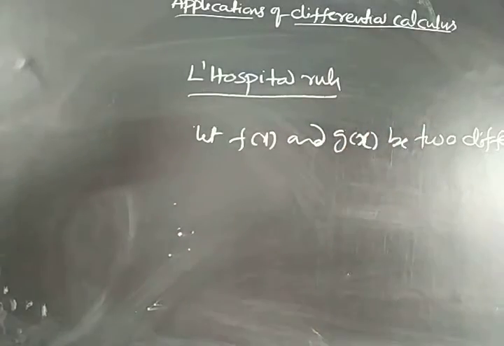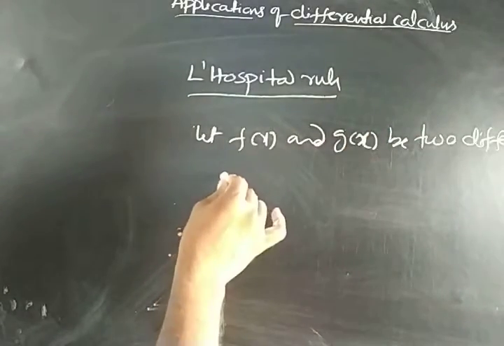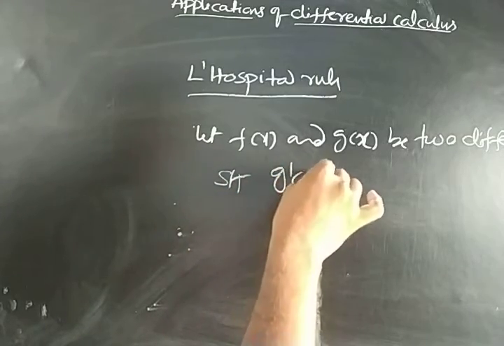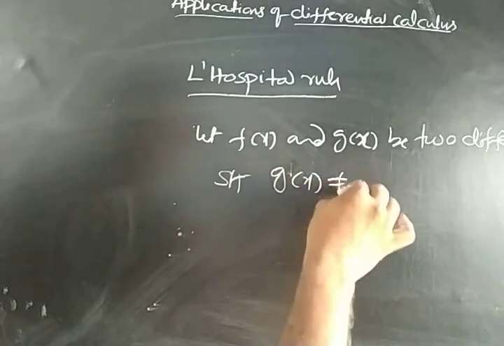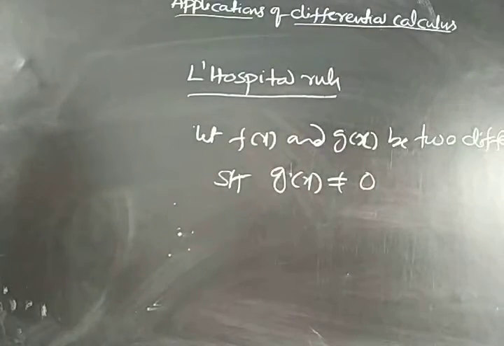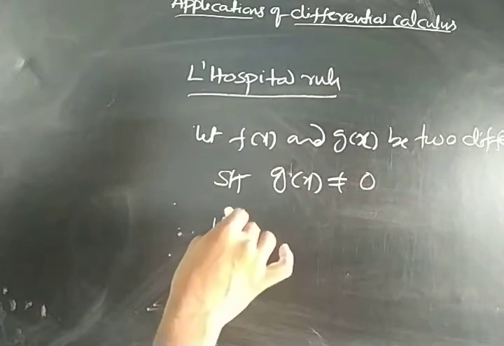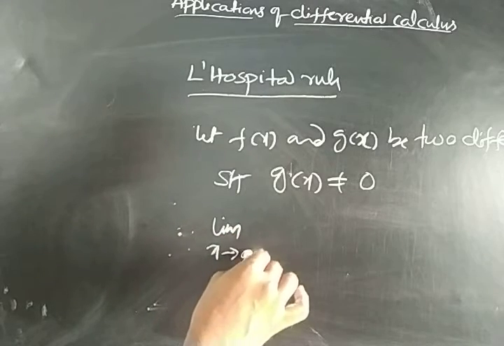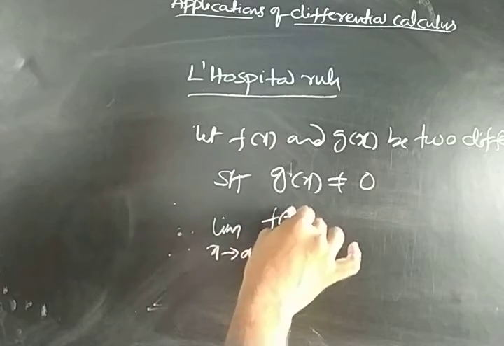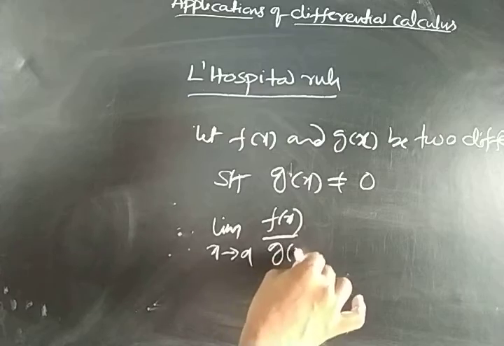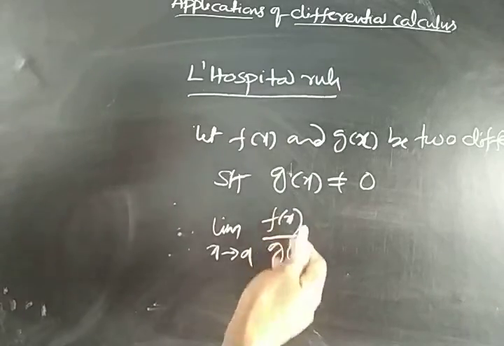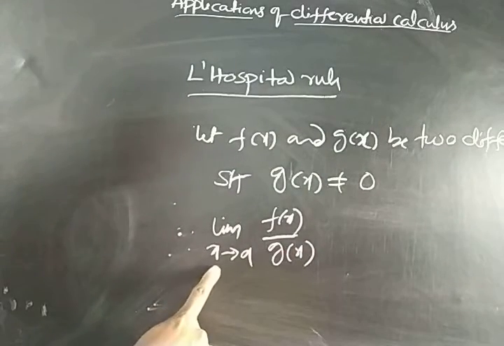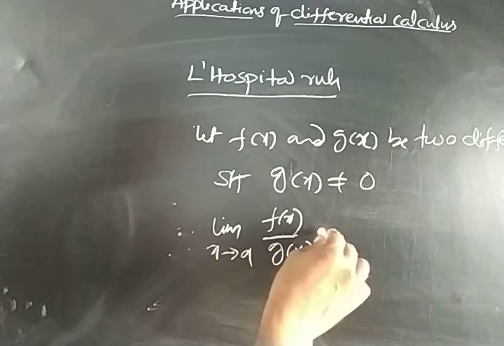Let g of x be not equal to 0. Suppose I have the function in the form f of x by g of x, where the denominator is not equal to 0, and I am finding the limit of this function at x equal to a.